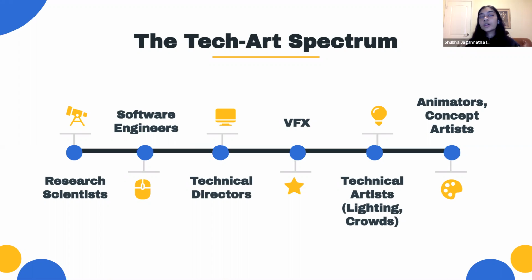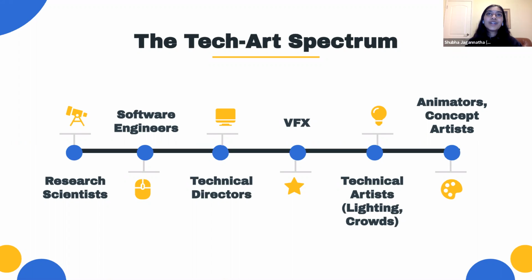So they do a lot of building out individual tools to enable a shot to be made. And they also pair a lot with artists. They're partners with artists basically on the film in accomplishing the creation of certain scenes. So that's technical directors.